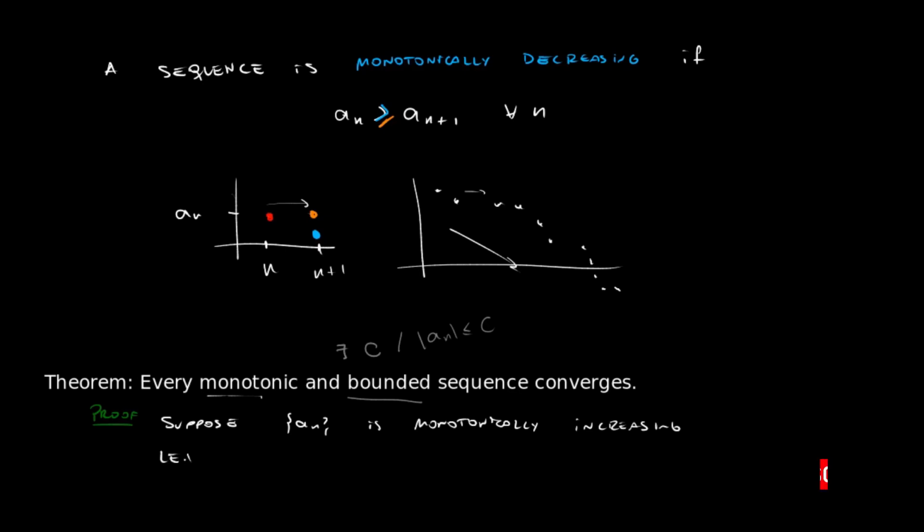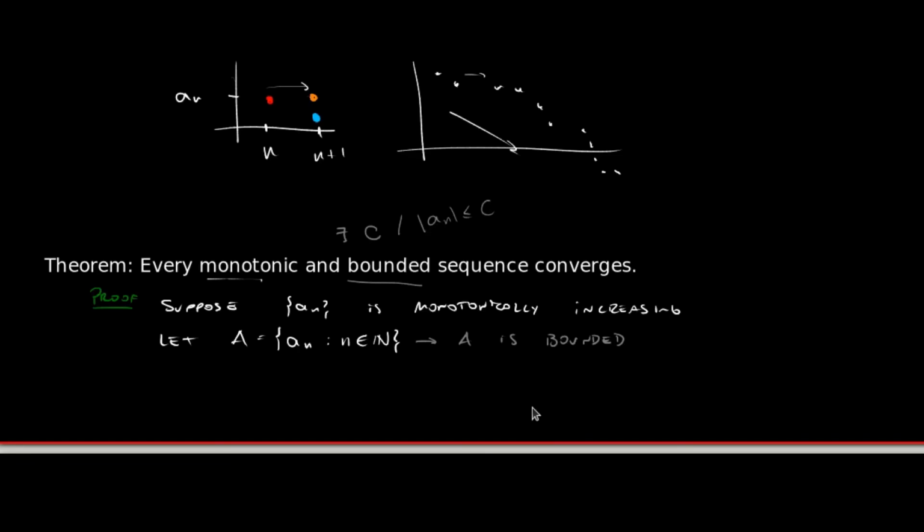Now, let A be a set in which we'll collect all the numbers in our sequence. Because our sequence is bounded, this set is bounded. So, what we can do is take the supremum of this set A. Let's call it L.